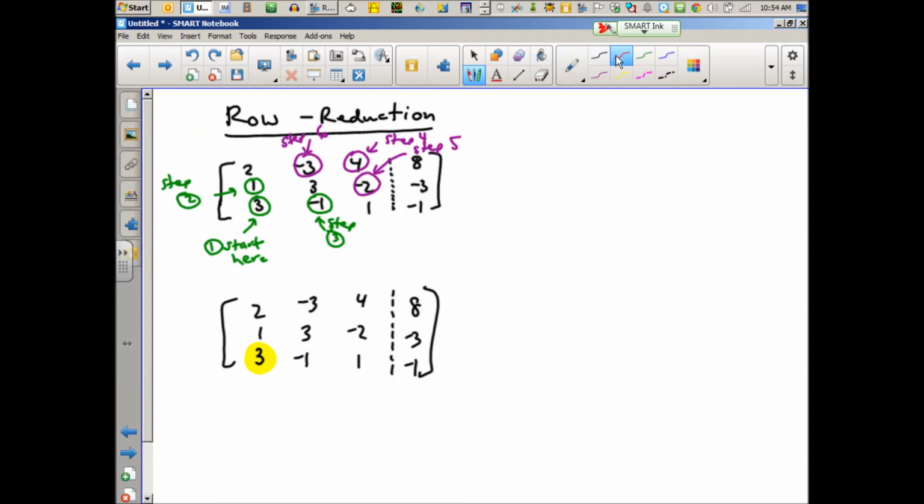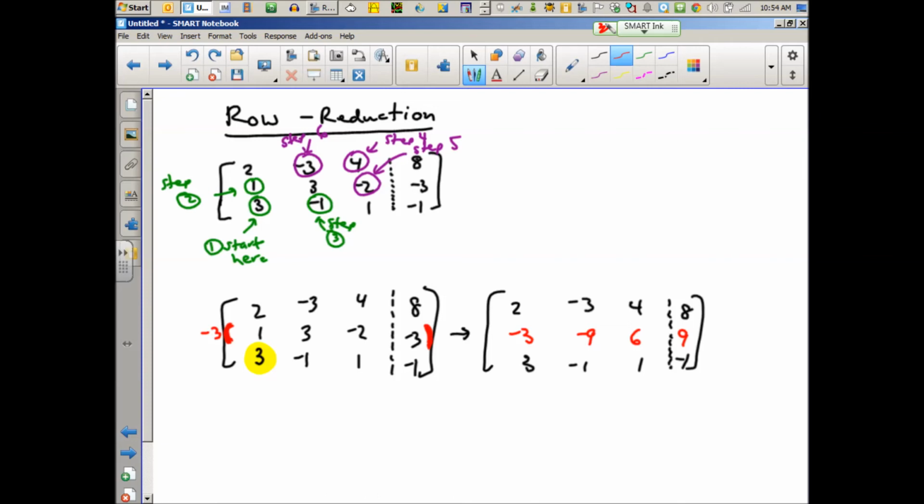If I want that to be a 0, it might be nice if the middle row had a -3 in it. So I'm going to multiply the middle row by -3. I'm not going to touch the top row. I'm not going to touch the bottom row. Just going to multiply the middle row by -3. It's now -3, -9, 6, 9.